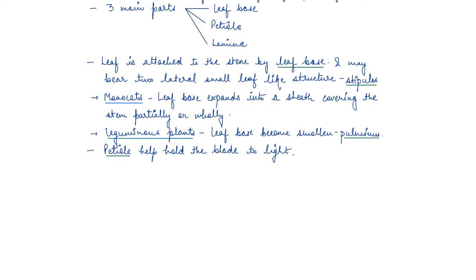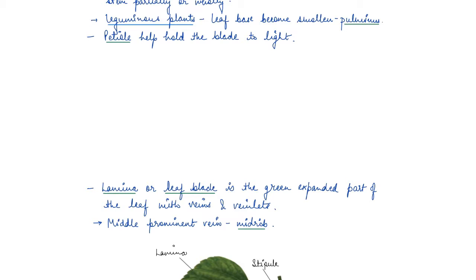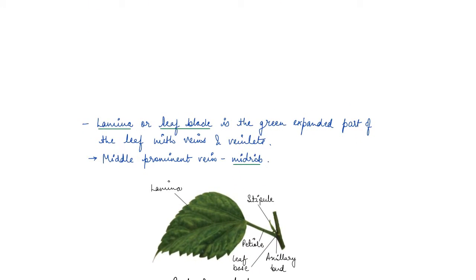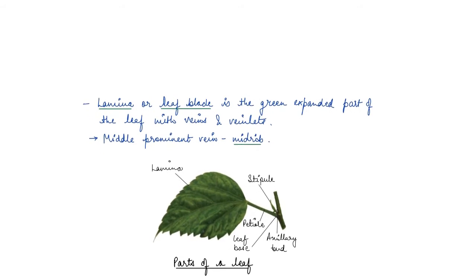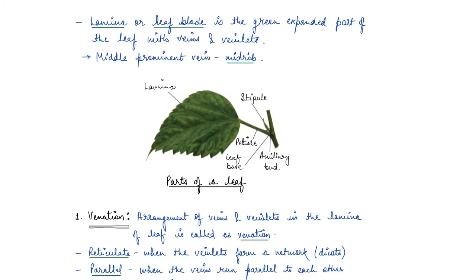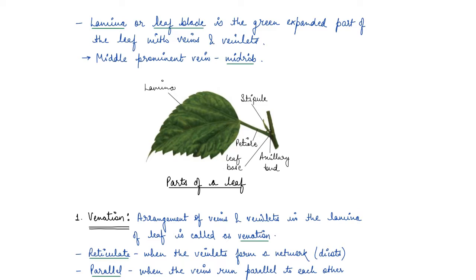Now the next part is nothing but the lamina. So lamina or the leaf blade is the green expanded part of the leaf with veins and veinlets, right? So there basically is usually a prominent vein which is known as the midrib, and that vein provides rigidity to the leaf blade.